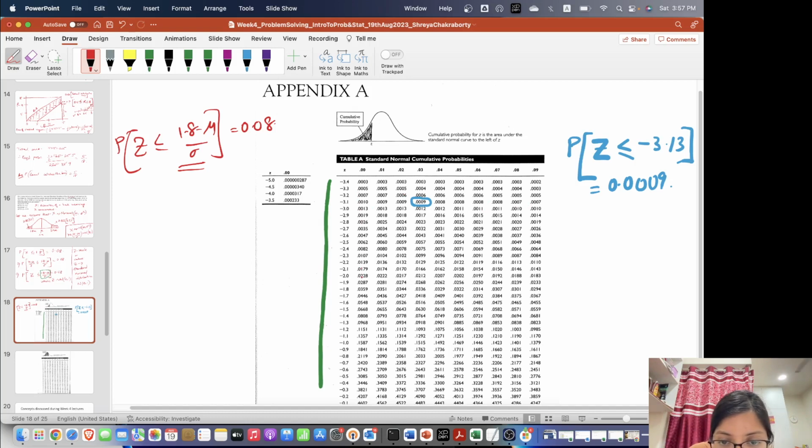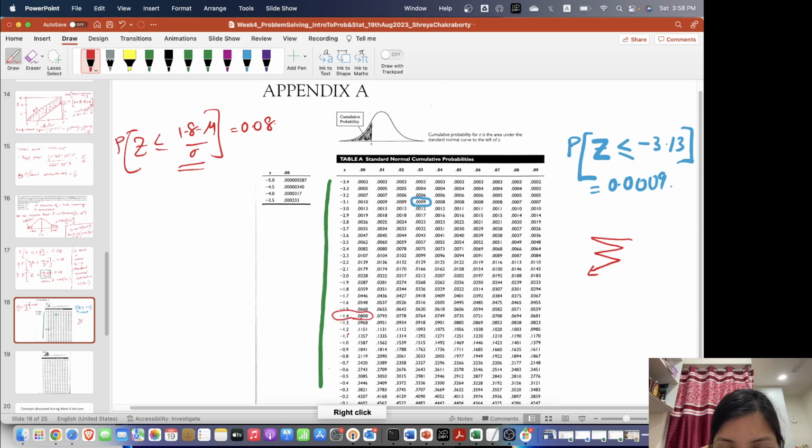The numbers are increasing in this fashion, and again in this fashion. So if we go in this pattern, somewhere from here we need 0.08.